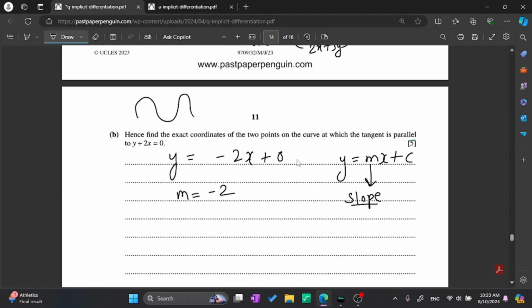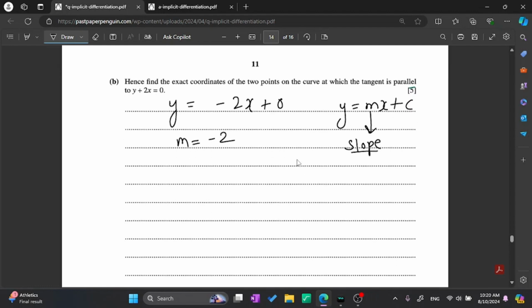This line I showed you, these two tangents and this line. So, the gradient of this line is minus 2. Now we need to equate this gradient with the dy by dx expression. So basically, m is dy by dx.